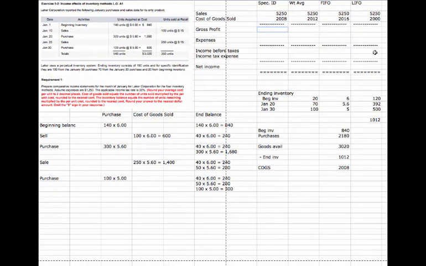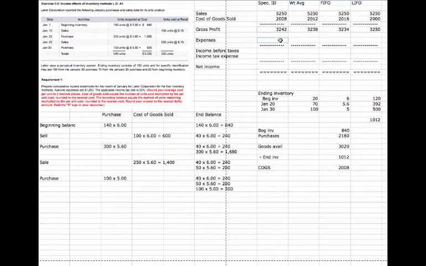So what I want to do is use the formula for gross profit, take my sales minus my cost of goods sold, and that gives me gross profit. I can do the same thing for the other three methods, and I come up with the gross profit for weighted average, FIFO, and LIFO.